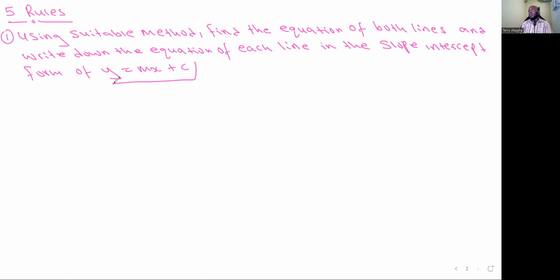So basically, you have to write down each of them in the form y equals mx plus c. Now, in some cases, you might need to rearrange.